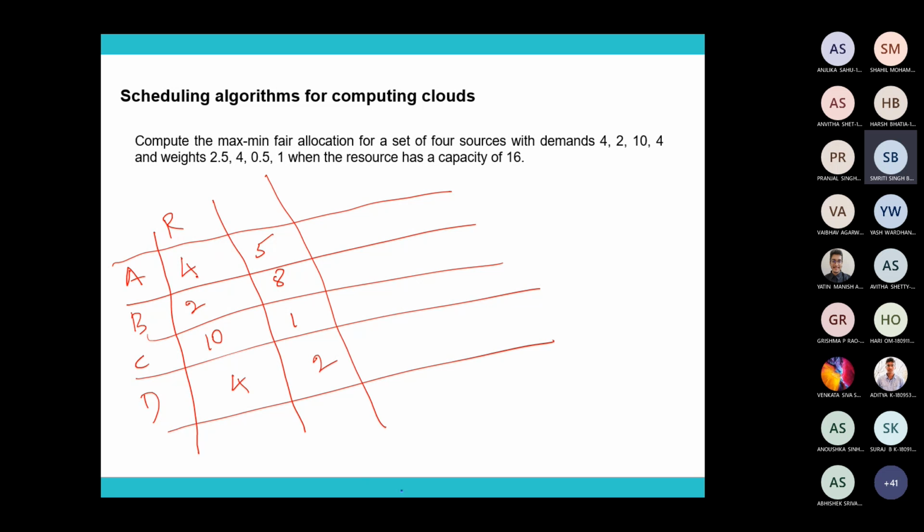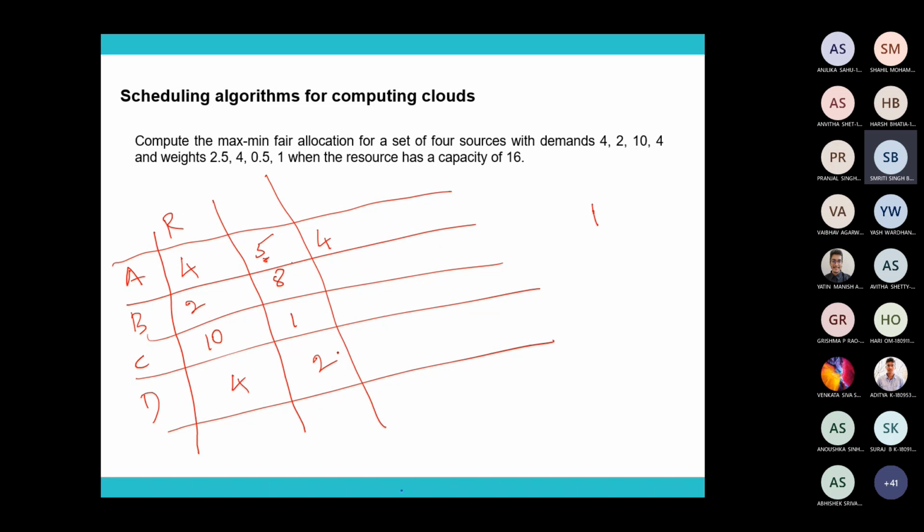But here the request is 4, whereas here it is 5. So what you can do is give only 4, and what is remaining is 1. So that 1 you can distribute among the other 3 users.